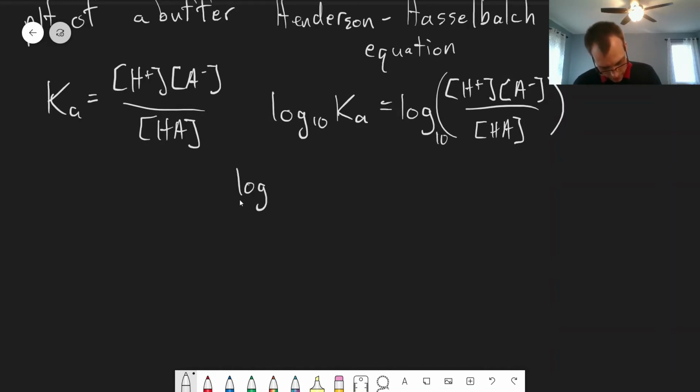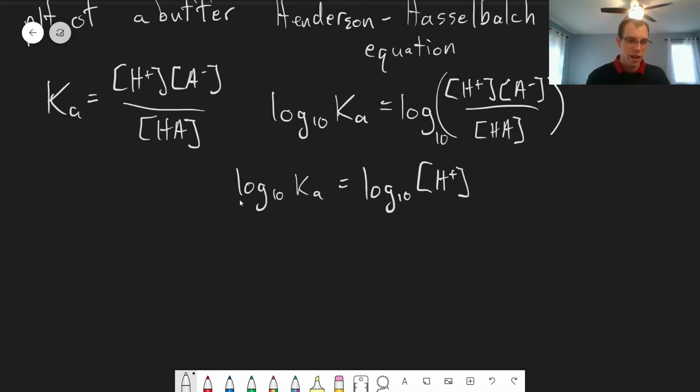When we have fractions inside of a logarithm, things that multiply, we can add those together. If we divide things, that gets subtracted. So we can separate this out into a log base 10 of H plus, and we'll keep this other fraction together, plus the log base 10 of concentration of A- divided by concentration of HA.